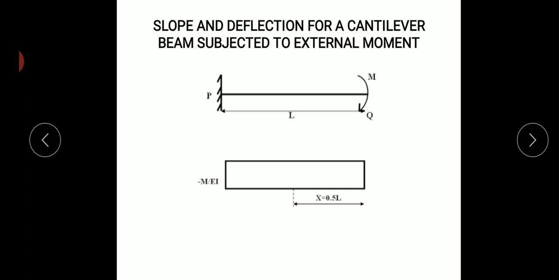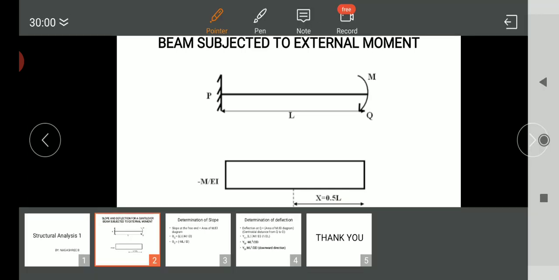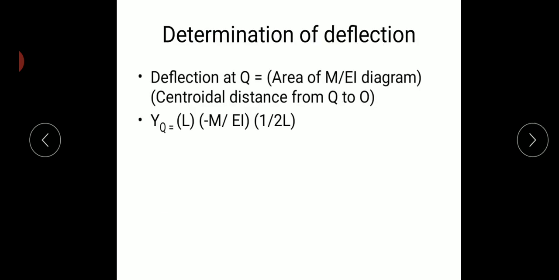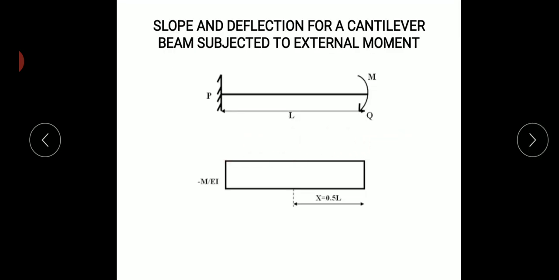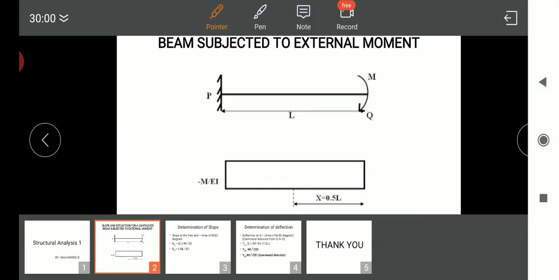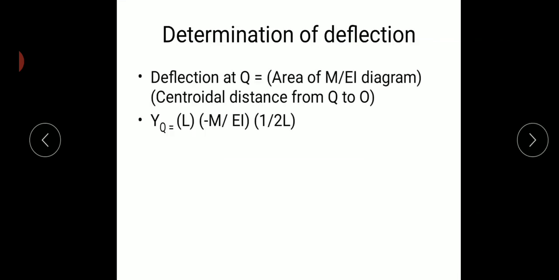Therefore the value of x will be L by 2, half of the span, or 0.5 times L. So the deflection y is the area of the M by EI diagram into the centroidal distance: L into minus M by EI into x, where x is 0.5 L or L by 2.